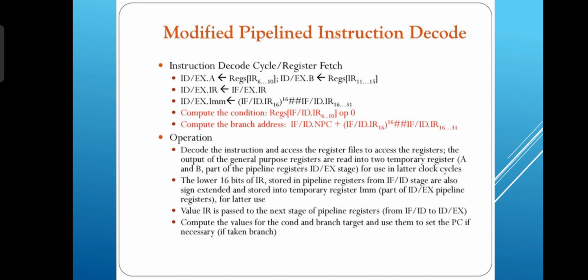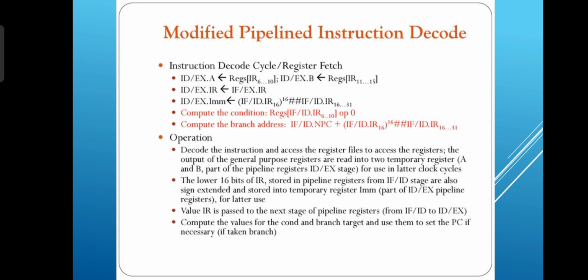Again, the instruction decode cycle, you can see here, and the operations are: decode the instruction and read the register file to access the registers. The outputs of the general purpose registers are read into two temporary registers A and B, part of the pipeline registers ID/EX, for use in later clock cycles.